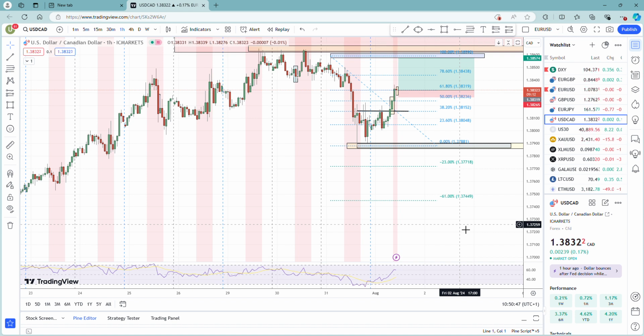Enter the buy. Let's see how that plays out.